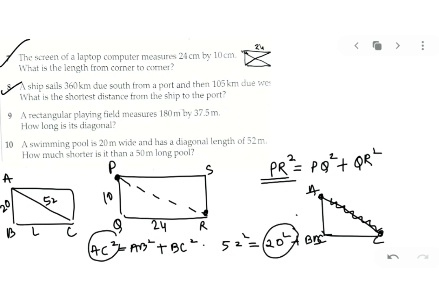So you can take this 20 square to the other side by subtraction. If you subtract 20 square from 52 square, you will get the value of BC square. Got my point? And from there, once you take the square root of that, for square root always go for prime factorization. And if there is a decimal, then you can remove the decimal and put that many hundreds or tens down. Got my point clear? Okay, God bless.